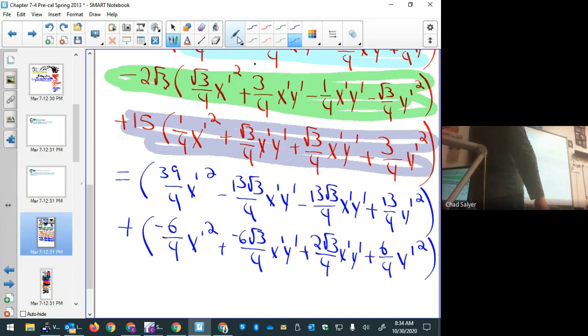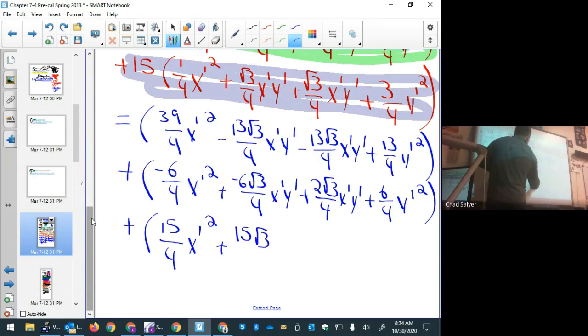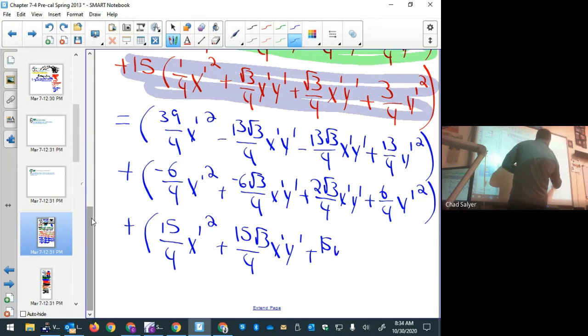All right, so last one here, this 15 we need to distribute. So plus 15 over 4 X prime squared plus 15 on the square root of 3 over 4 X prime Y prime plus 15 on the square root of 3 over 4 X prime Y prime.